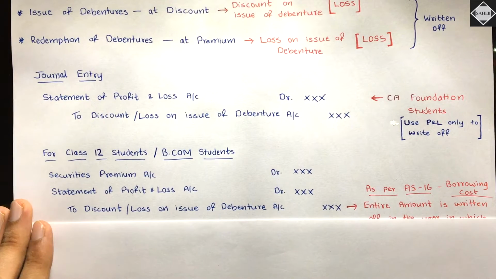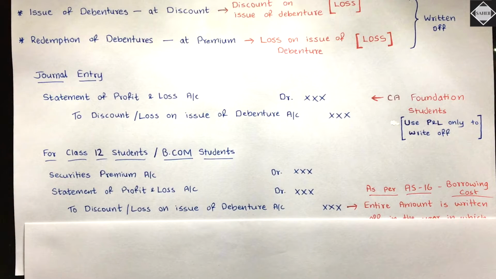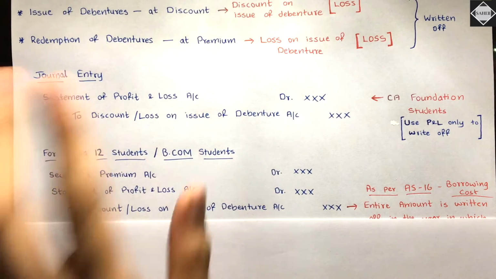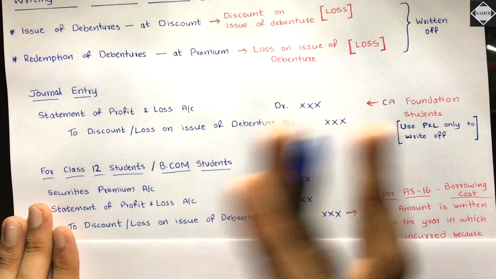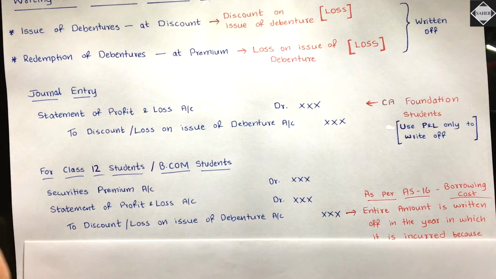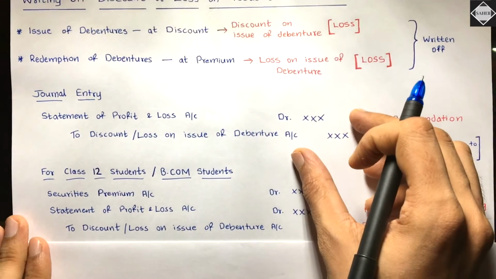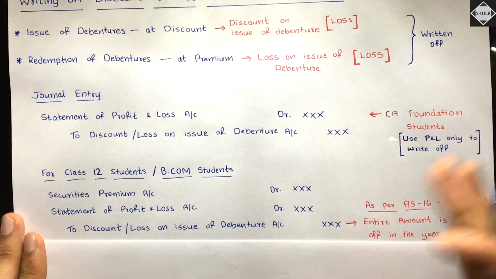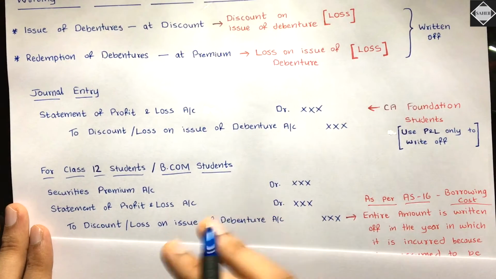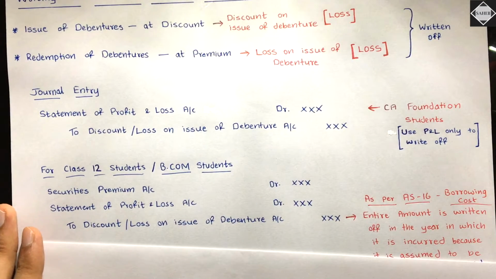Now what's the logic? Why is this different for class 12 students and for CA foundation students? Understand, that uniformity thing I explained, just using statement of profit and loss, that's because of the ICAI module. Now the difference between this: here we are doing some calculation and writing off over the life of the debentures, and here we are finishing off the entire discount or loss on issue of debenture at once.